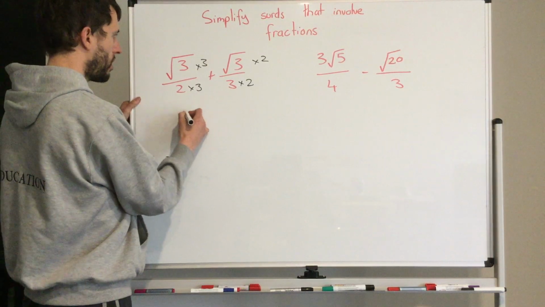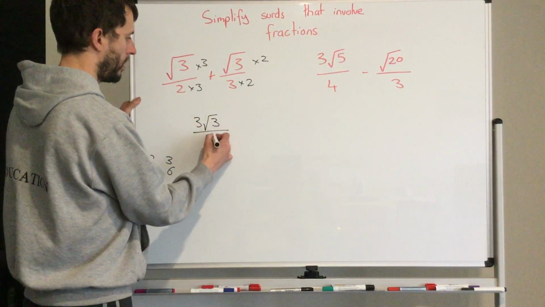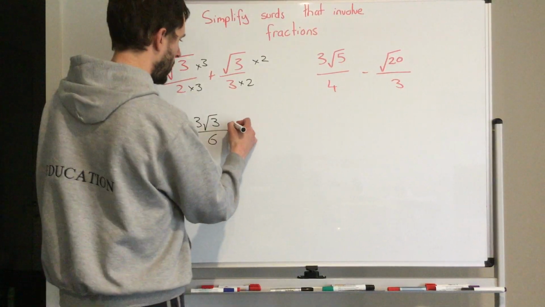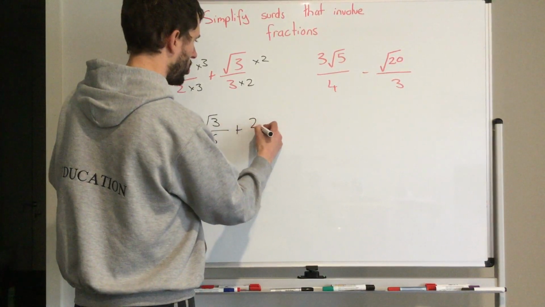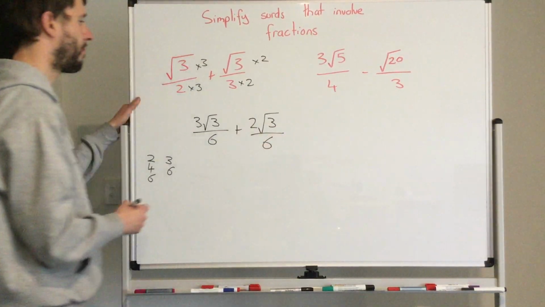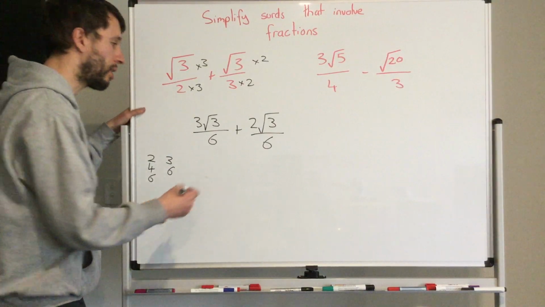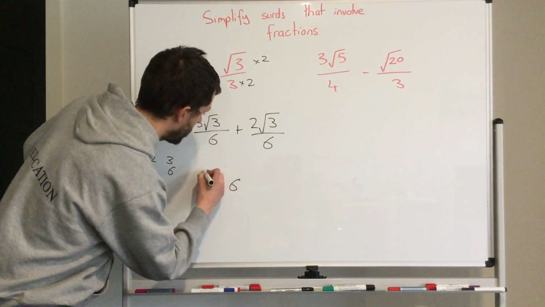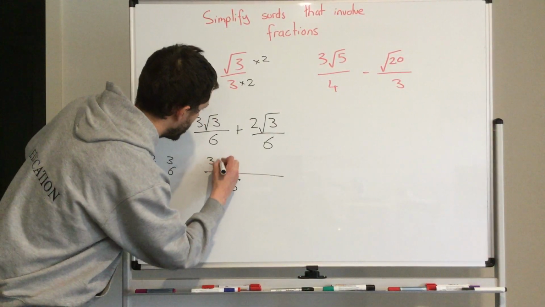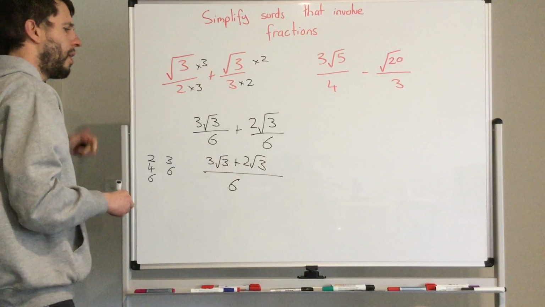So that just gives me 3 square root of 3 over 6 plus 2 square root of 3 over 6. Just remember, when we have got a denominator like that, we only need 1. 3 square root of 3 plus 2 square root of 3.